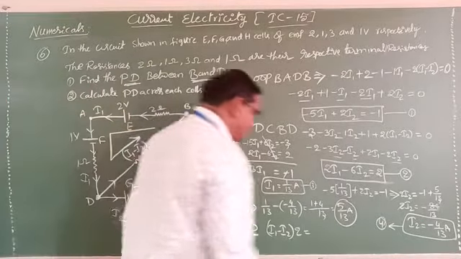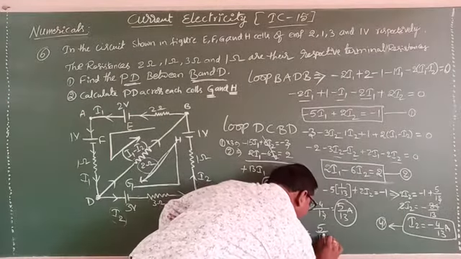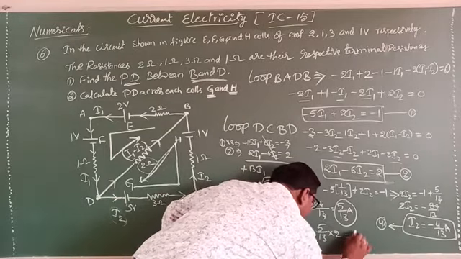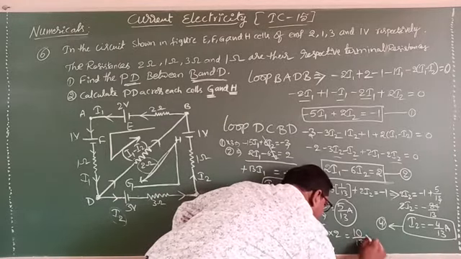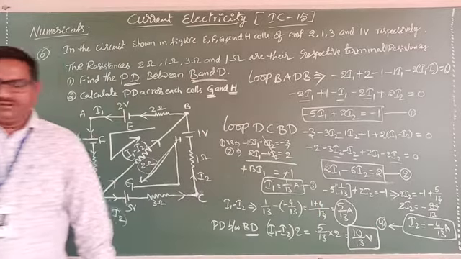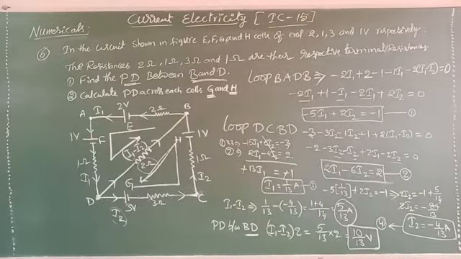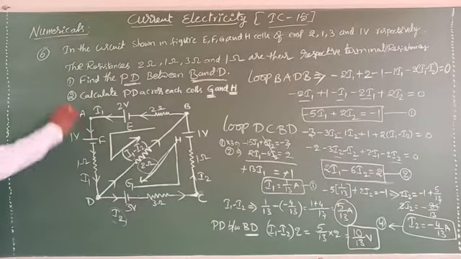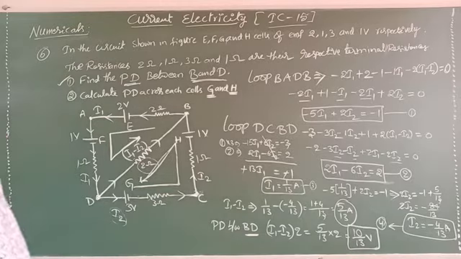Then I1 minus I2, how much do you measure? 5 by 13 into 2. That is 10 by 13 volt. This is the answer. 10 by 13 volt. Okay, now the first point is over. Now the second point. What are they asking?